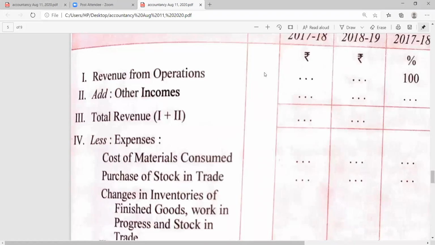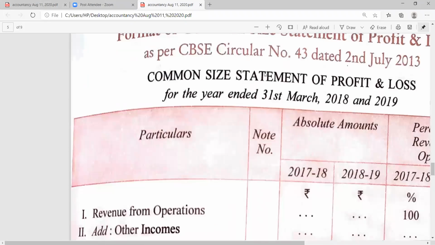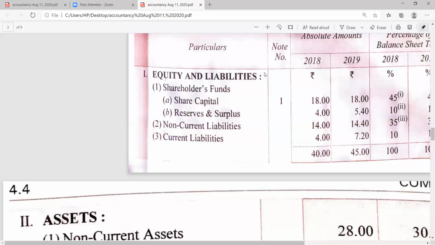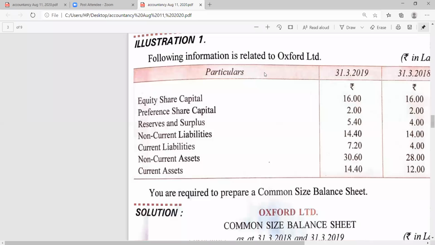Here also we have the format of the common size balance sheet. We did both aspects. What difference do you find between the common size and the comparative statement that you did yesterday? Practically, what do you feel when you prepare a common size statement and when you prepare a comparative statement?